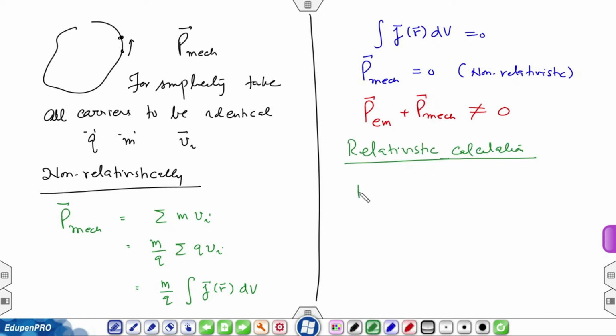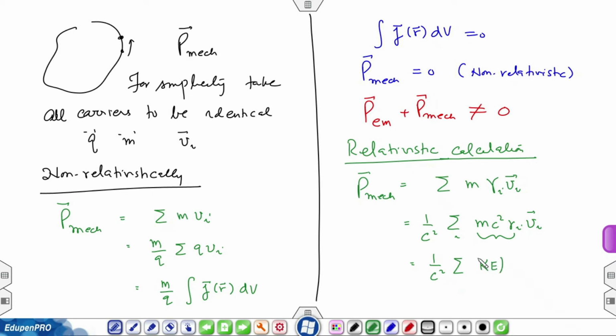In the relativistic calculation, P mechanical would be equal to summation m, there is a gamma associated with each particle, v_i, which I can write, multiplying by 1 over c square, as 1 over c square summation m c square gamma_i v_i. Now m c square gamma_i for the ith particle is the kinetic energy plus the rest energy, so I can write this as summation of the kinetic energy of the ith particle times v_i.